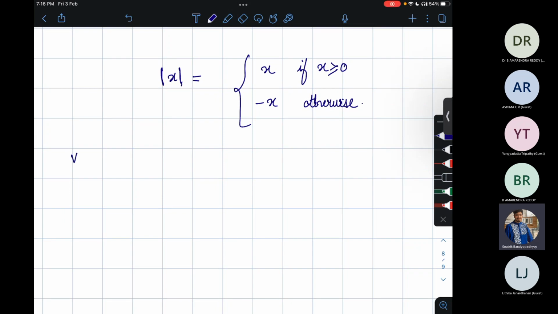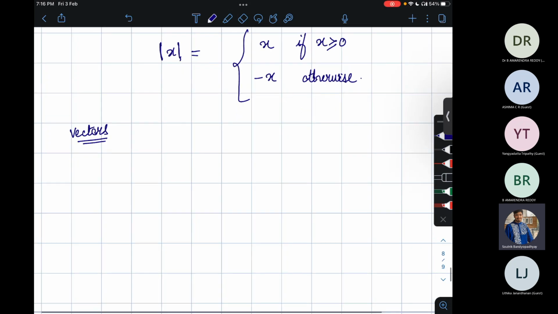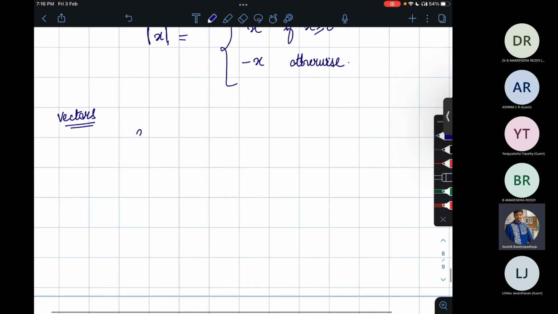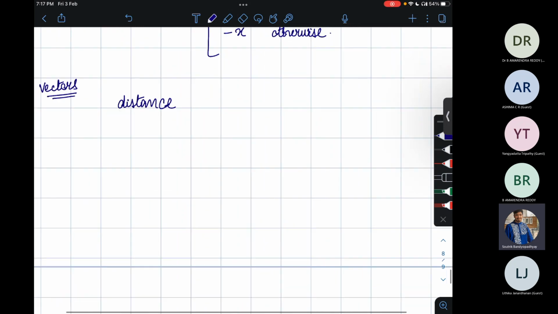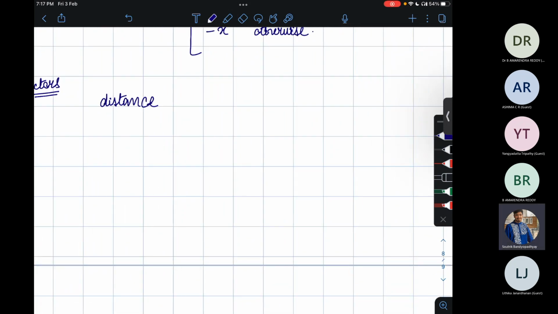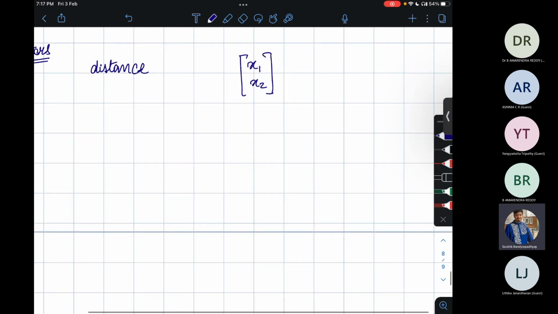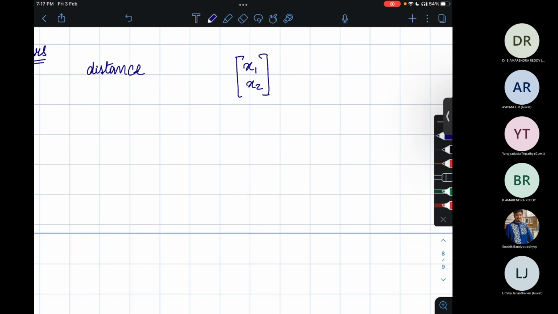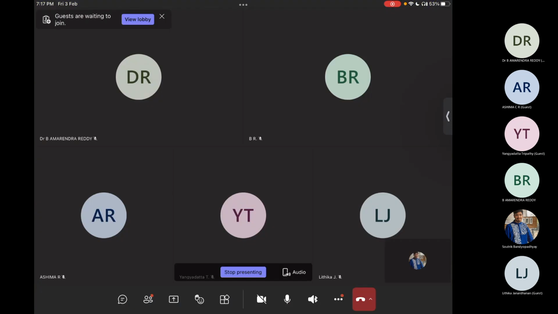So for vectors, the first encounter of distance which you had was this Euclidean distance. Suppose I have x1 and x2 being the vector. What is the Euclidean distance from 0, 0? Square root of x1 square plus x2 square.